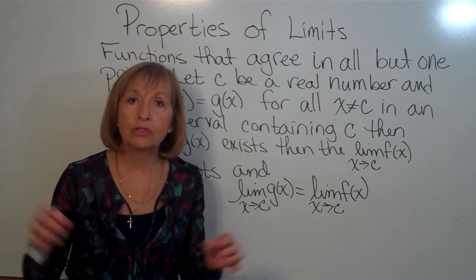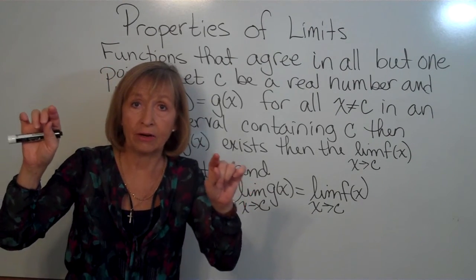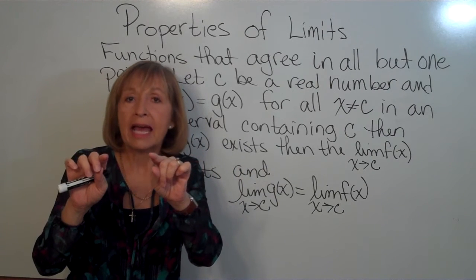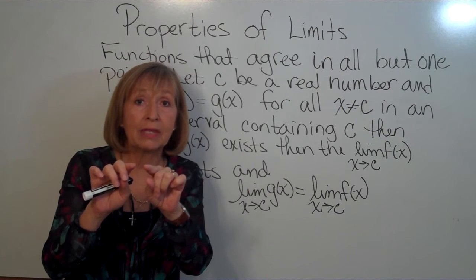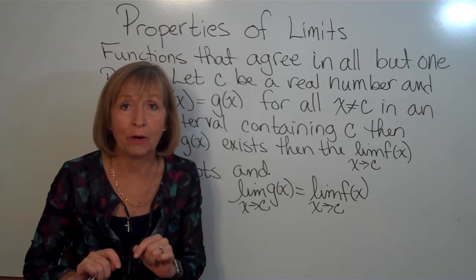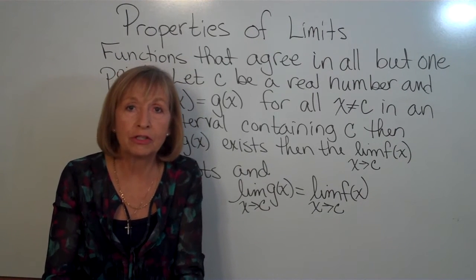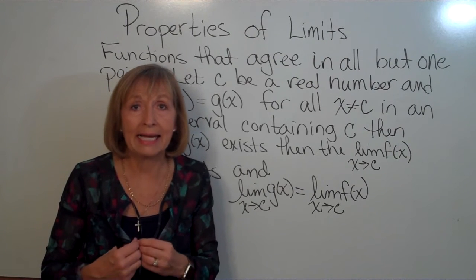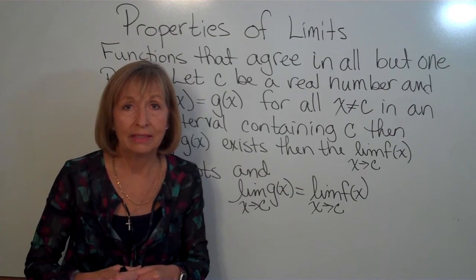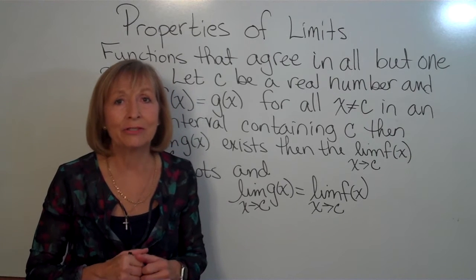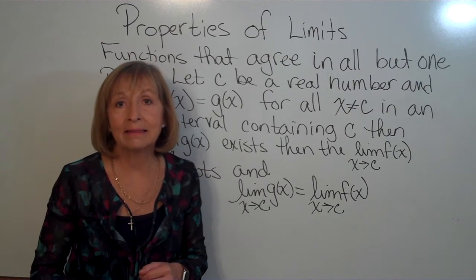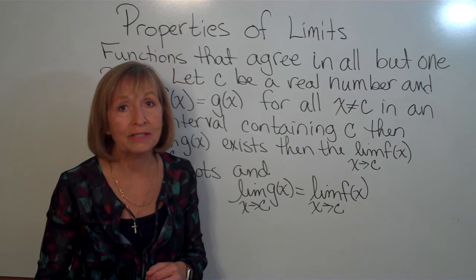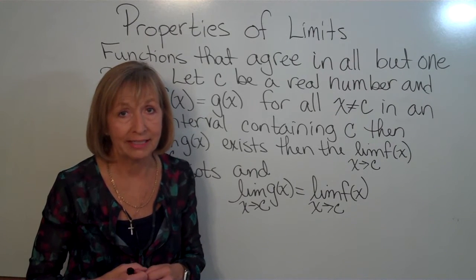That it's an actual punched out hole in the graph there, and as you approach an x value, the left side and the right side would have a limiting value approaching the same output, even though the function might not be defined right at that x value. And that's a key difference between a function evaluated at a point and the limit as x approaches that x value of the function.